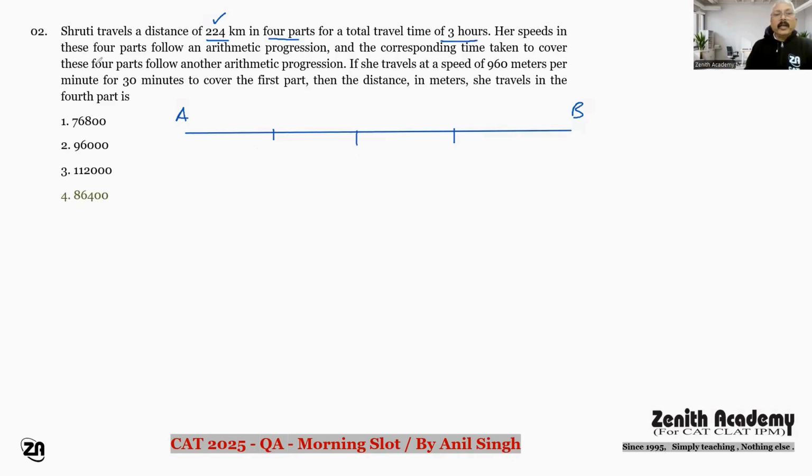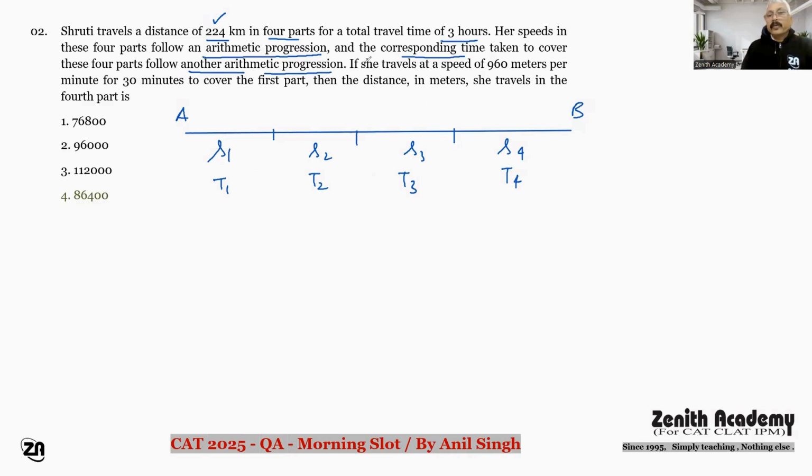Her speed in these four parts follows an arithmetic progression like S1, S2, S3, S4. And the corresponding time taken to cover these four parts follows another arithmetic progression. If she takes time T1, T2, T3, and T4 to travel these four parts respectively, then this also forms another arithmetic progression.